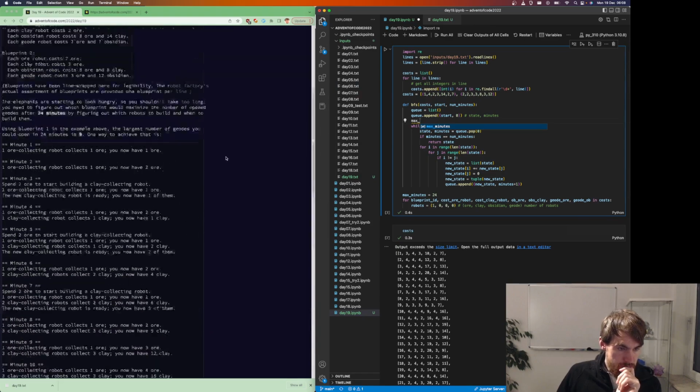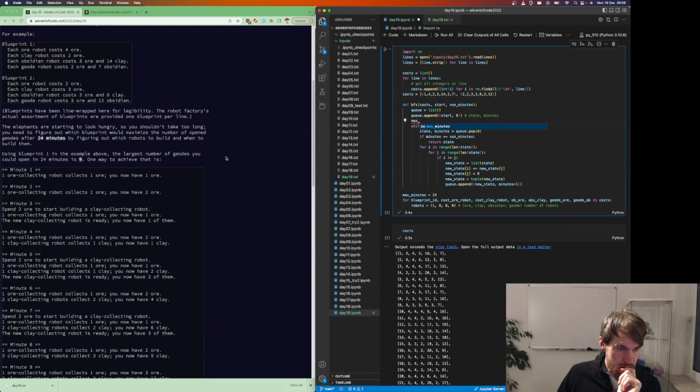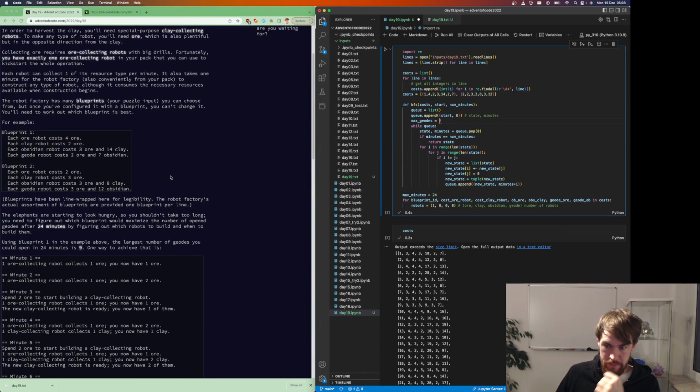What are we searching? Max obsidian, max geodes. So we also need num materials.